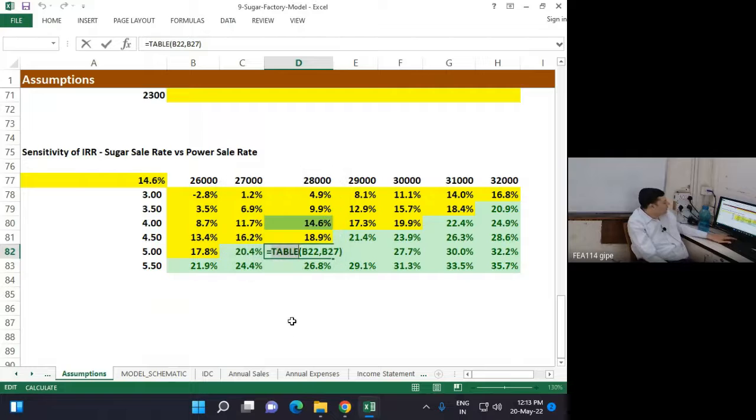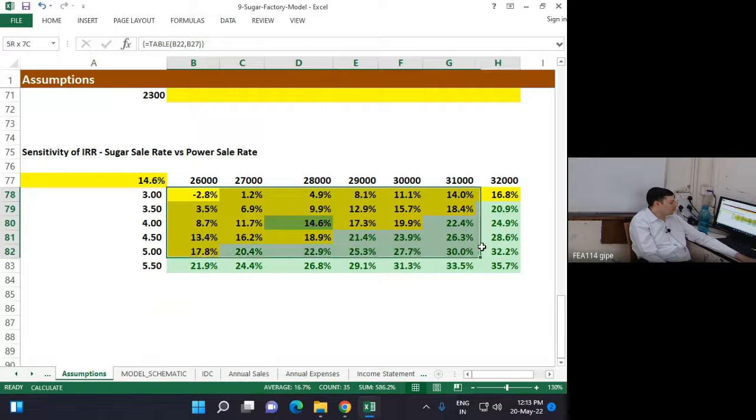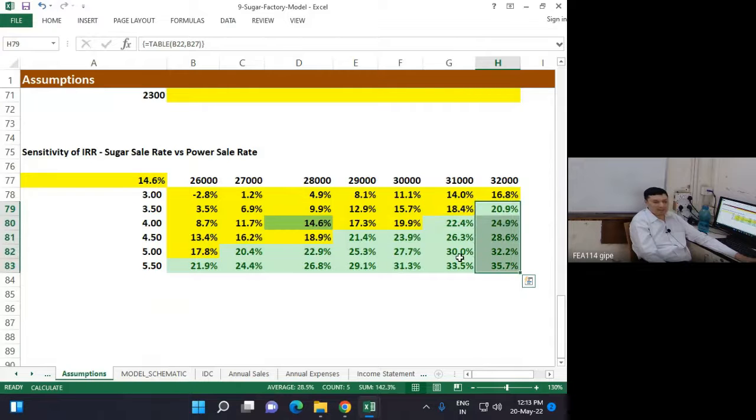So what you can see here, first of all, I have used conditional formatting here, and the rule I have kept is wherever the answer is more than 20%, which is cost of capital, show the numbers in green. तो ग्रीन में क्या दिख रहा है आपको कि प्रोजेक्ट फिजिबल IRR आपका 20% से ज्यादा है, whereas this is our base case.